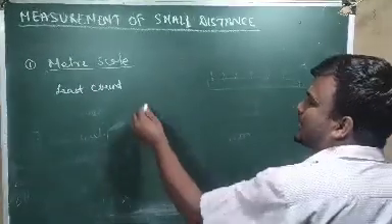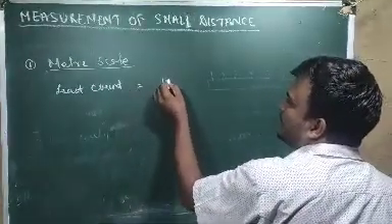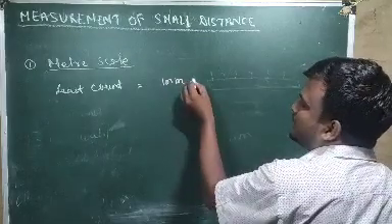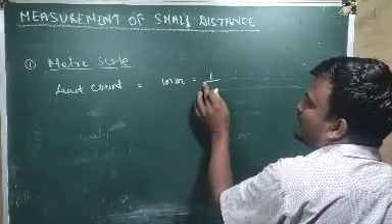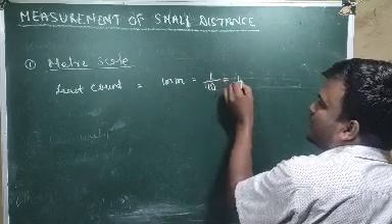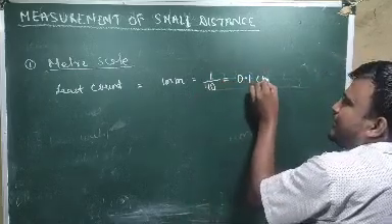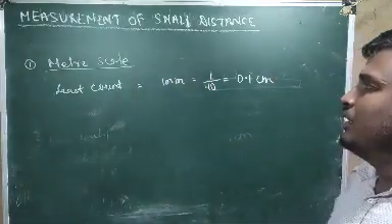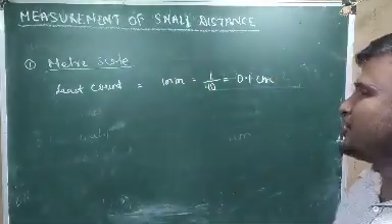So the least count of the meter scale is 1 millimeter, and if you convert this 1 millimeter into centimeter, it will be 1 by 10 centimeter. So 0.1 centimeter is the least count of the meter scale.